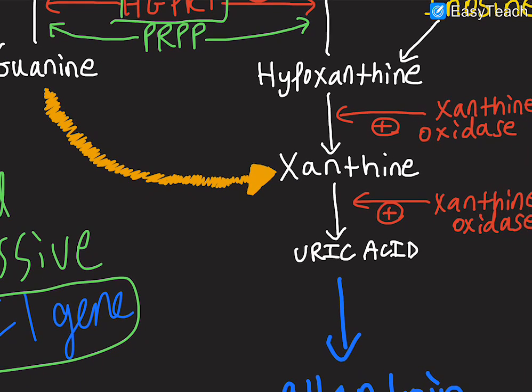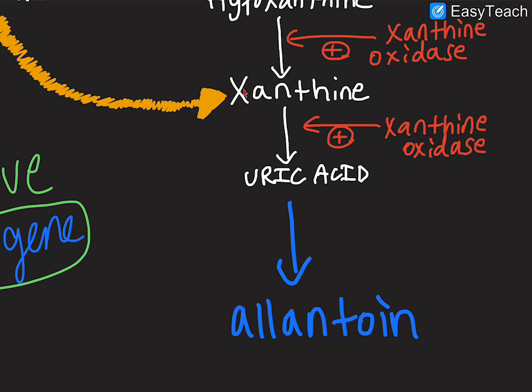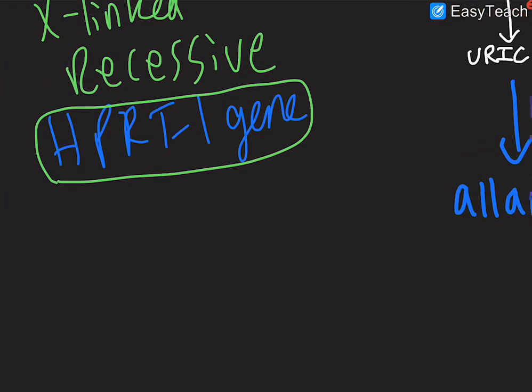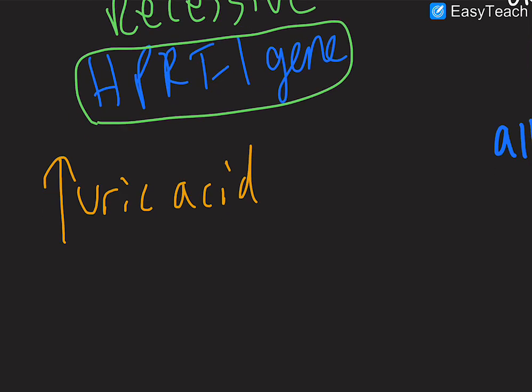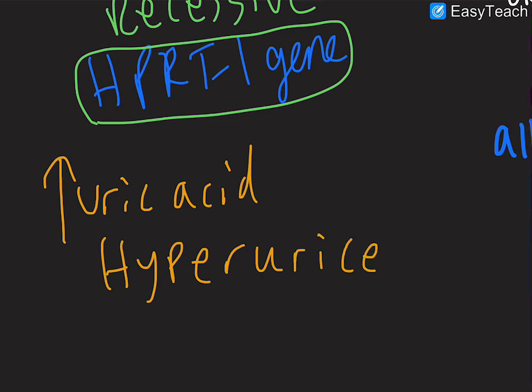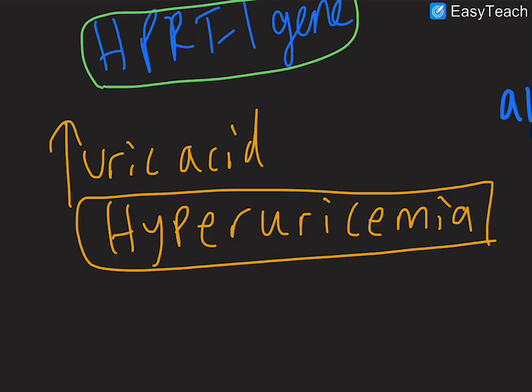Guanine is going to start getting converted to xanthine, and all the extra hypoxanthine will also get converted to xanthine, and then xanthine will ultimately get converted into uric acid. So one of the findings for Lesch-Nyhan syndrome is increased amounts of uric acid. In other words, we're going to see hyperuricemia, or increased uric acid levels.